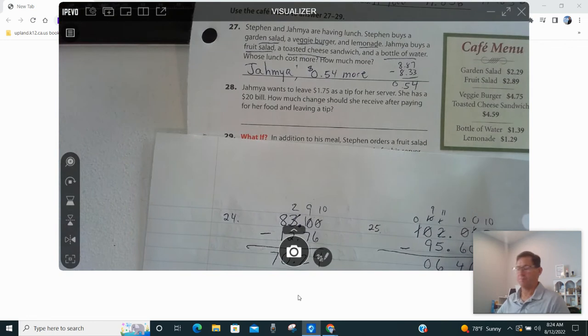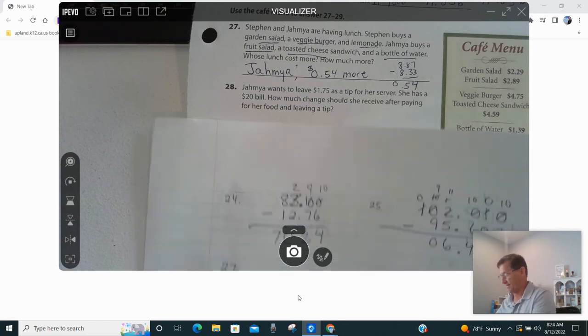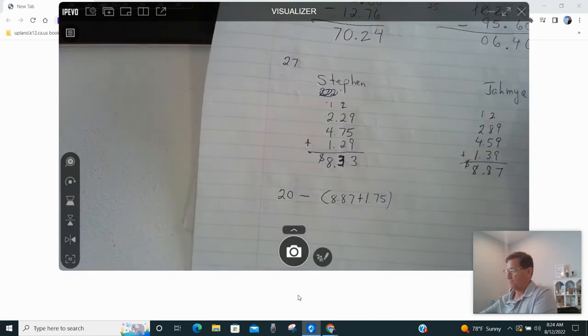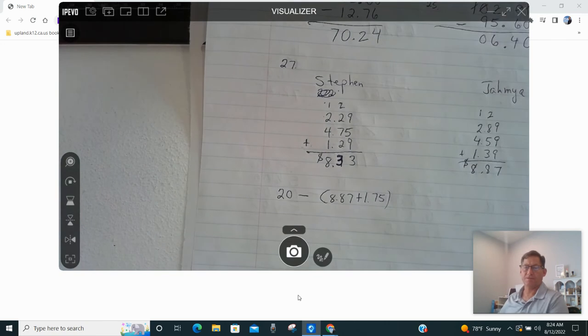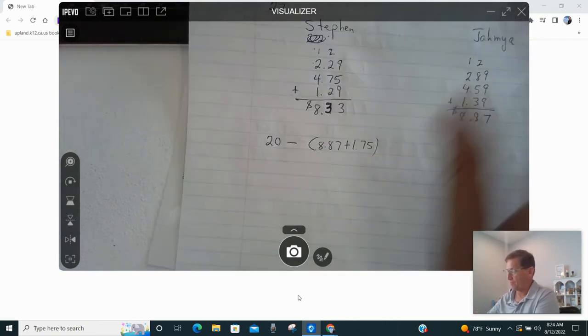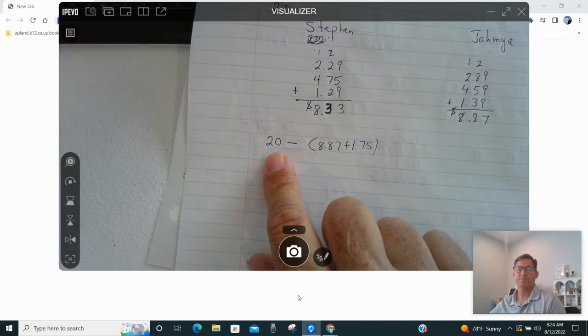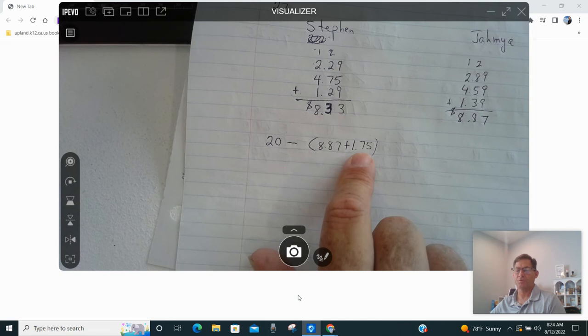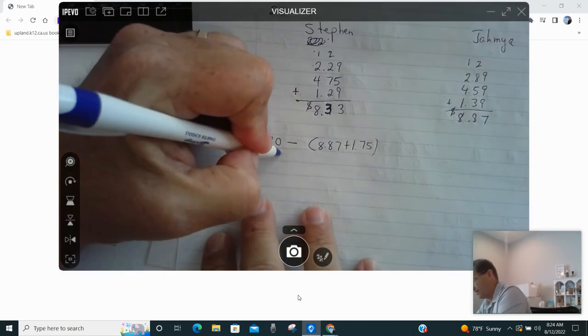All right, 28. Jemiah wants to leave $1.75 as a tip for her server. She has a $20 bill. How much change should she receive after paying for her food and leaving a tip? So that's basically what the number sentence would look like. $20 bill minus how much you pay for her lunch plus the tip will tell you how much change she should get back.